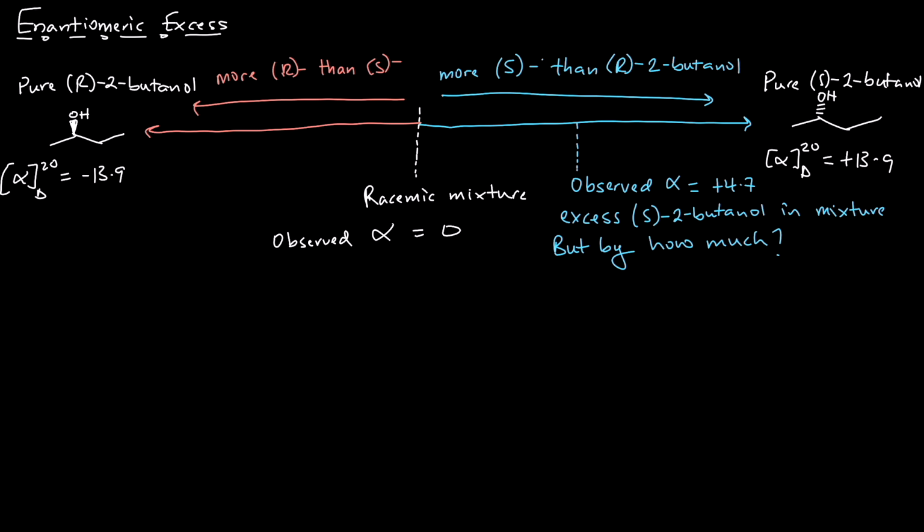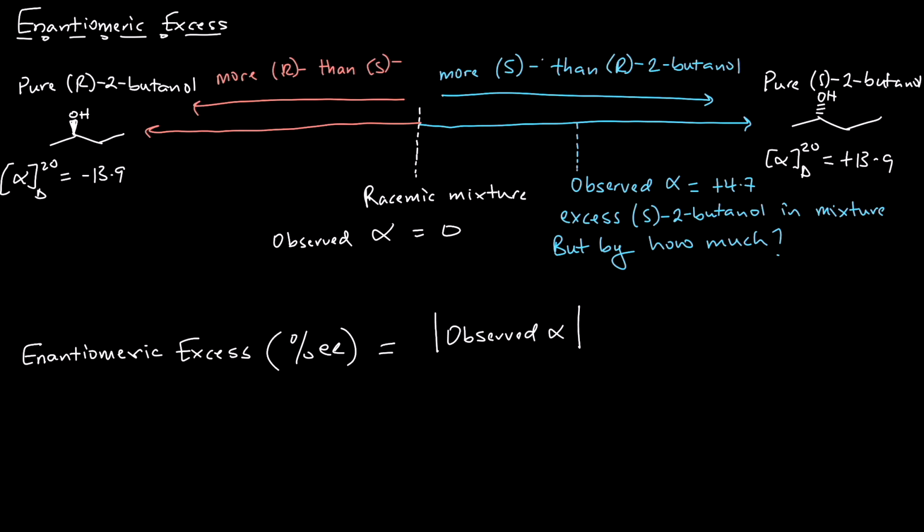Well, there's a way to figure out that question, and that is figured out by what we call enantiomeric excess, which is your percent EE, which is calculated by taking the absolute value of your observed rotation, dividing that by the absolute value of the rotation of the pure enantiomer, so the specific rotation of the pure enantiomer, and multiplying that by 100.